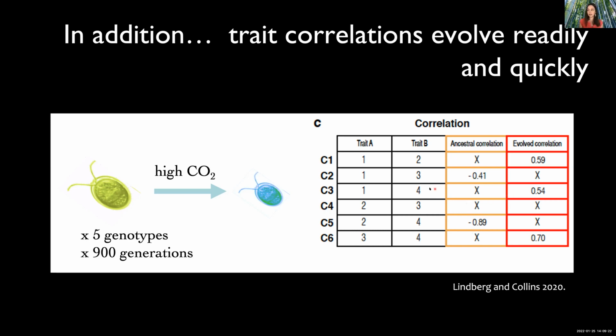And the takeaway here is that if you look at trait 1 versus 2, again, what the traits are doesn't really matter for this point, there was no relationship between these traits in the ancestral population, but there was a significant relationship between the traits in the evolved population. And in other cases, 1 versus 3, for example, there was a negative relationship in the ancestral and none in the evolved.